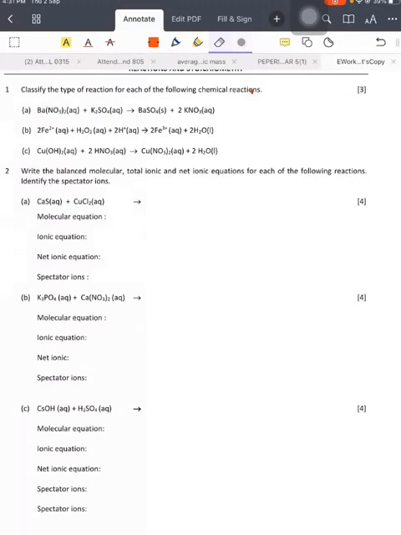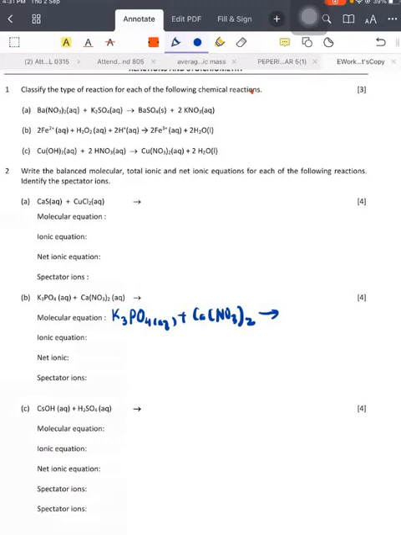So kita ada K3PO4 and also calcium nitrate. Okay. So which means that in this case, what are the products? K3PO4 aqueous campur dengan calcium nitrate. So kita cuma exchange the partner saja, tukarkan partner.